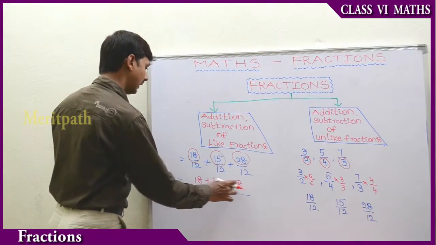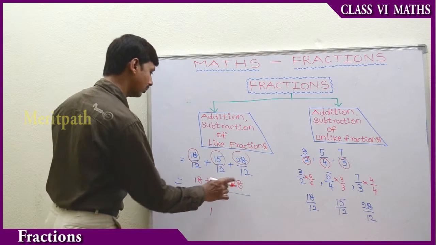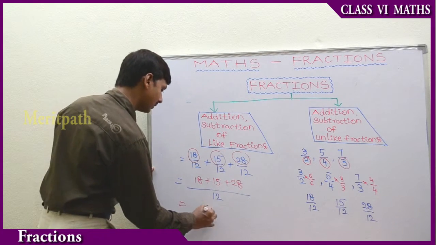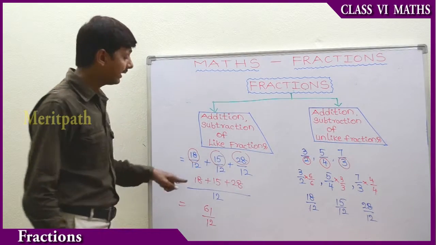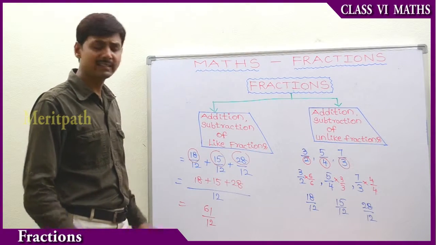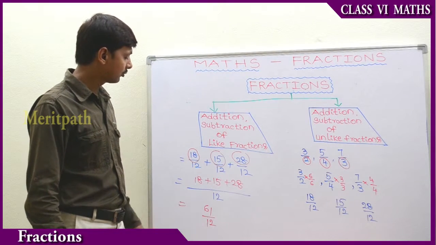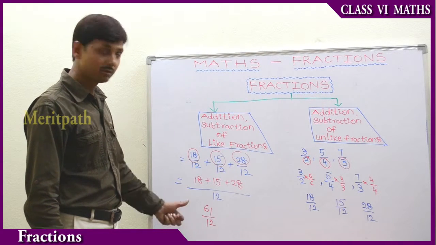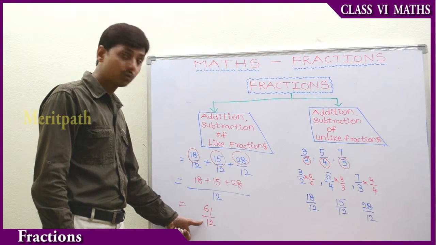Adding them, we get 61 over 12. Let's see if there is any common factor for the numerator and denominator. There is no common factor, so the simplified answer is 61 by 12.